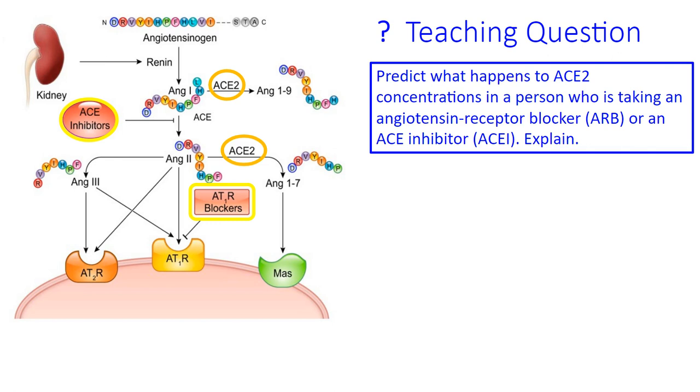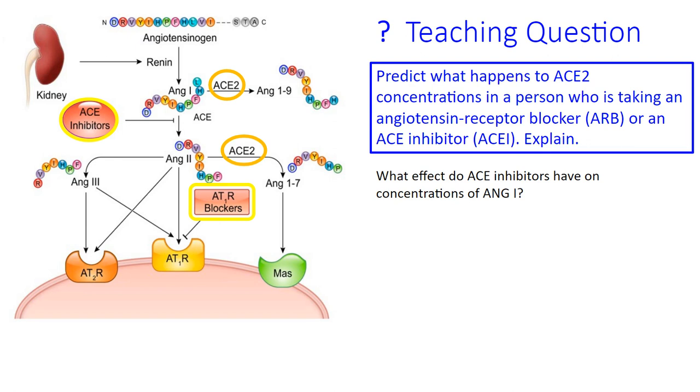Well, my students sometimes have trouble doing multiple steps of a thought process. So when they get stuck on this, which they often do, I break it down. So the first question would be, what effect do ACE inhibitors have on the concentration of angiotensin 1?